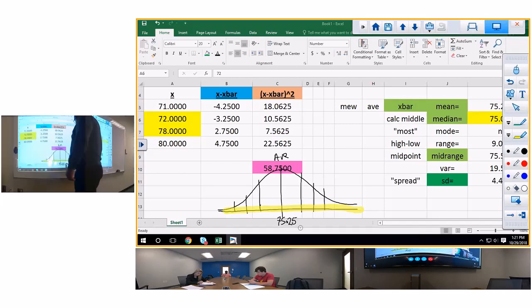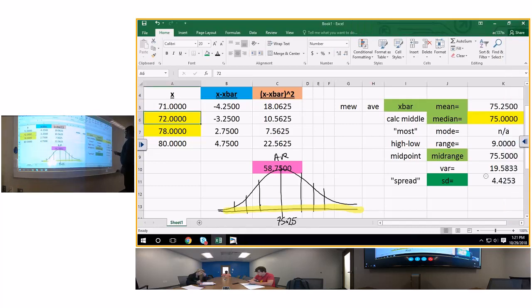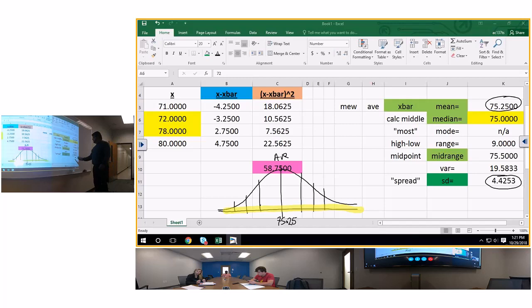So here, I'm going to add 75.25 and 4.43. We're going to change this to 4.43. Somebody add those two.